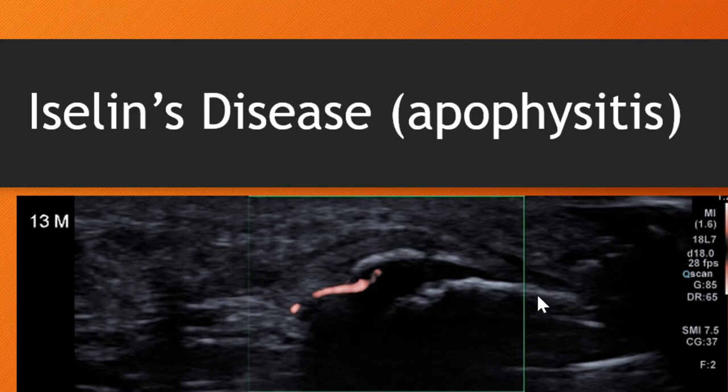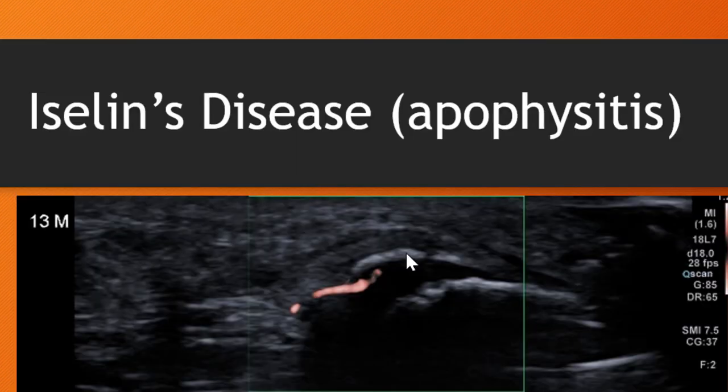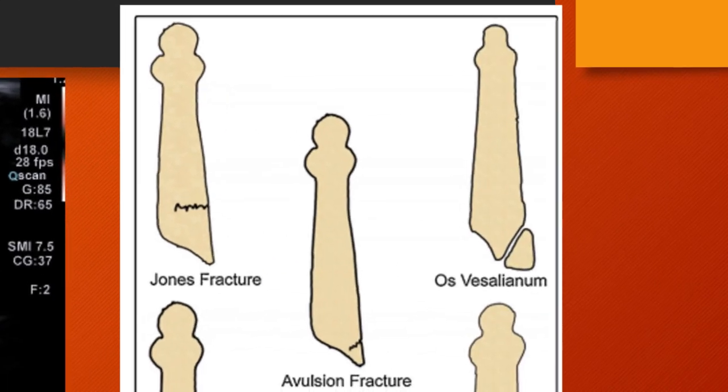There's been no incident that would have caused an avulsion fracture, but you can see comparative to this nice insertion here, there's like a peel of bone and it's hypervascular. So we don't want to confuse this apophysitis for an avulsion fracture. It's not likely a Jones fracture.